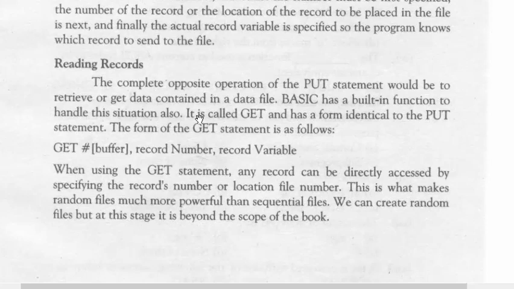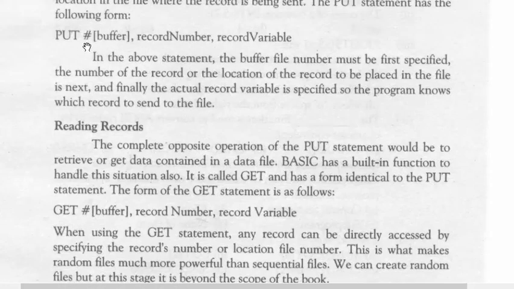Next is reading a record. The complete opposite operation of the PUT statement would be to retrieve or get data contained in a data file. BASIC has a built-in statement to handle this situation also. It is called GET and has a form identical to the PUT statement. The form of the GET statement is as follows: GET #buffer, record number, record variable.